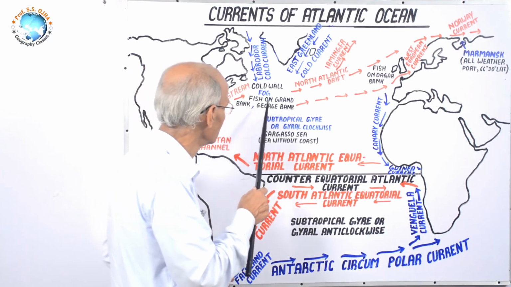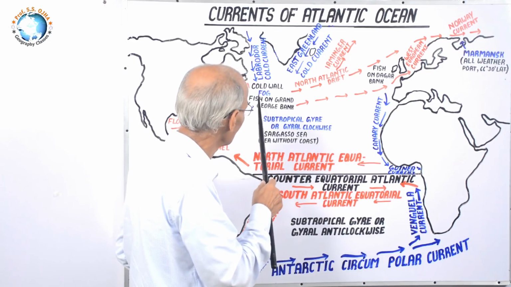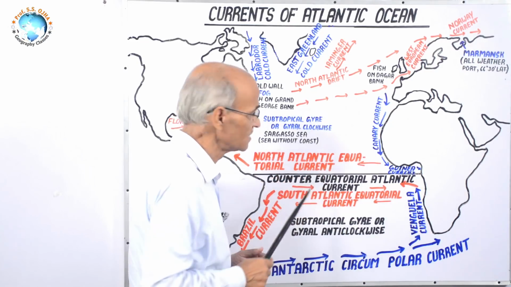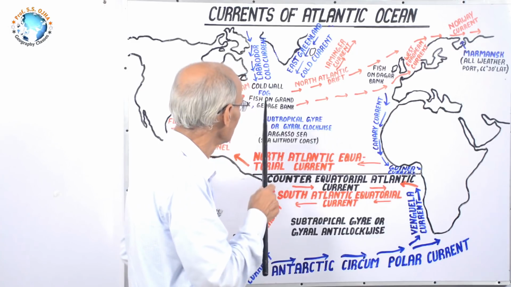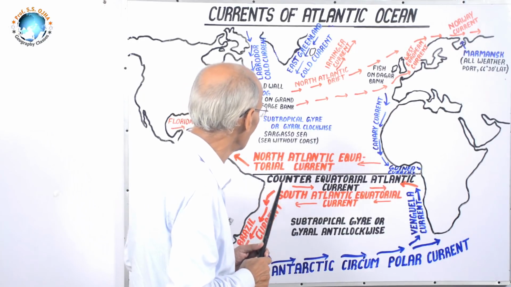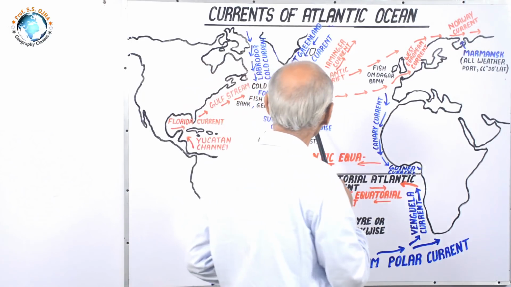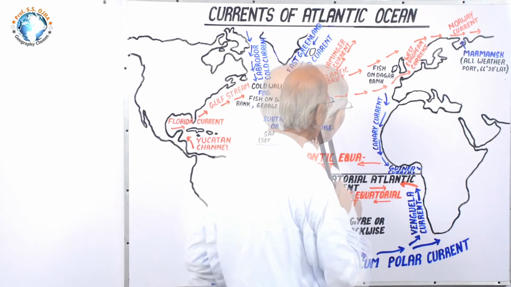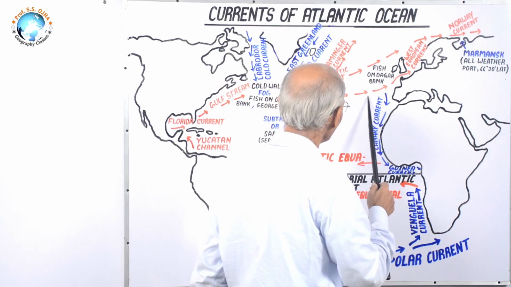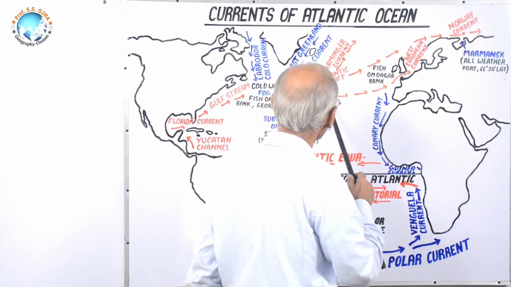Now, the second way is that this excessive water moves in a northeast direction driven by the westerlies, and it has two paths, one moving south and one moving north.